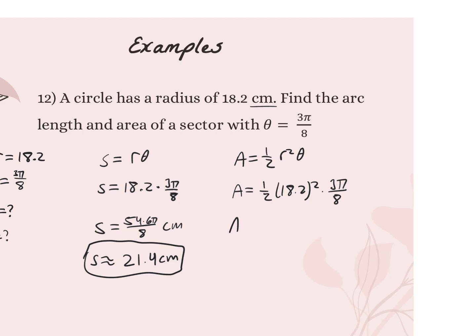Just make sure you're doing order of operations: do 18.2 squared first, then multiply it by a half, and then multiply it by 3 pi over 8. If you plug this correctly into your calculator, you should get about 195.1 square centimeters. Remember the units here, since it's an area, are going to be in square units.